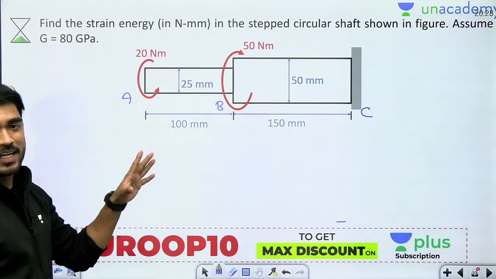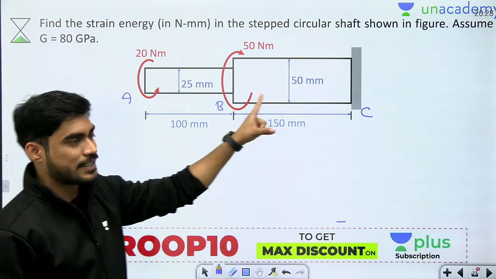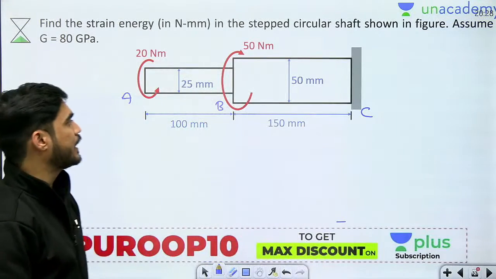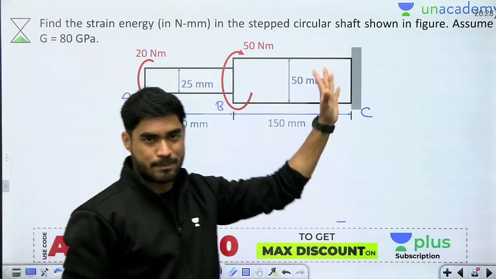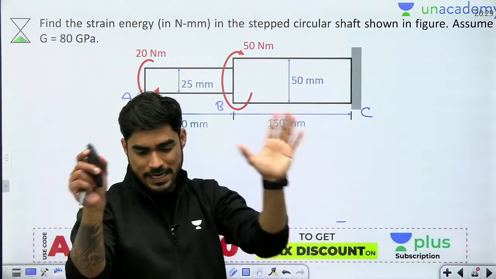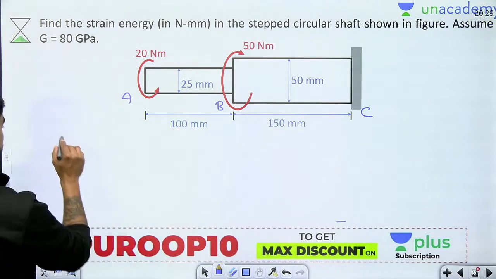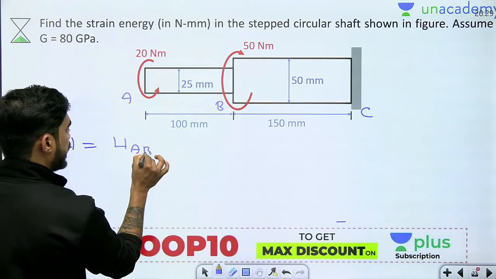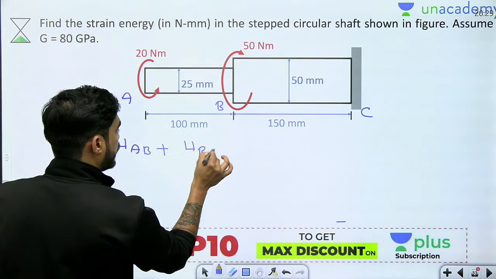So we need to calculate the strain energy in this shaft. I need to consider AB and BC separately. I will calculate strain energy in AB and BC separately and add them. So U will be equal to U of AB plus U of BC.